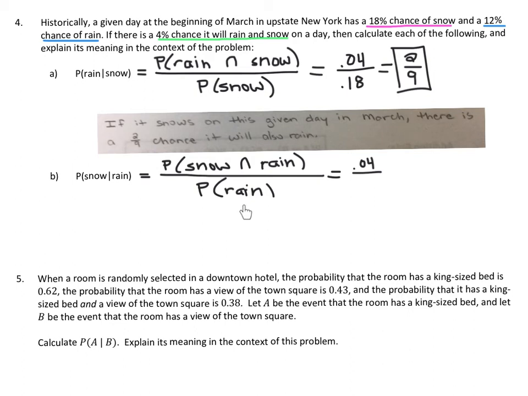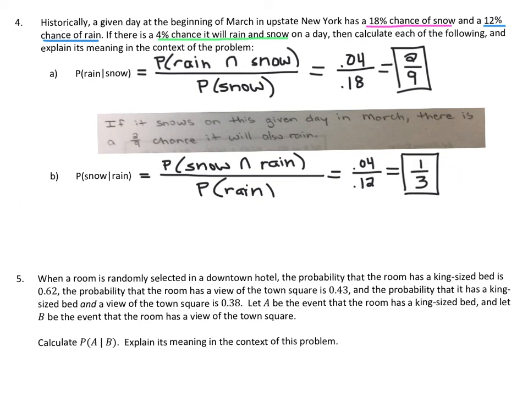Then the probability of rain says right here that there's a 12% chance of rain. So divided by 0.12. If we plug that into our calculator, it goes 0.3 repeating. I don't want to round because it doesn't say to round. But if you think about this, doesn't 4 over 12 simplify to 1/3? Or if you hit math, enter in your calculator, it'll give you 1/3.